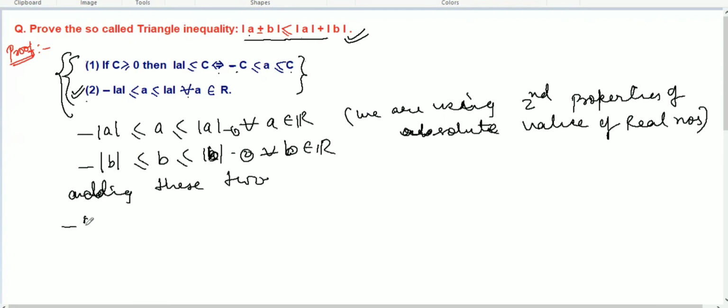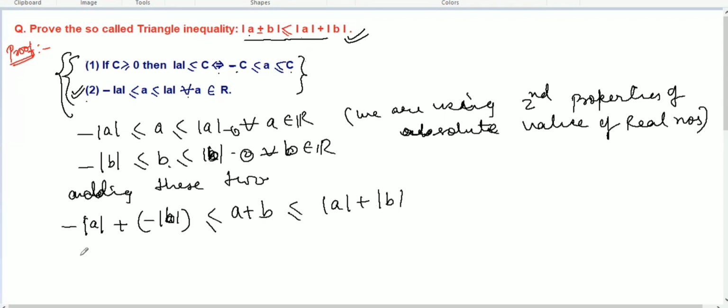So minus of absolute value of A plus minus of absolute value of B, these two we are adding, less than equal to A plus B, this and this, less than equal to absolute value of A plus absolute value of B. Now the next step will be minus of absolute value of A plus minus of absolute value of B less than equal to A plus B less than equal to absolute value of A plus absolute value of B. Now what I can do, I will take minus common.